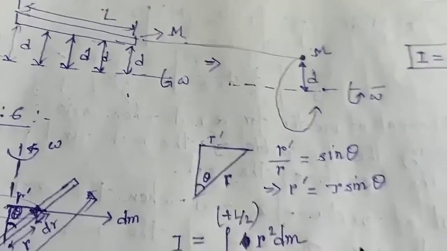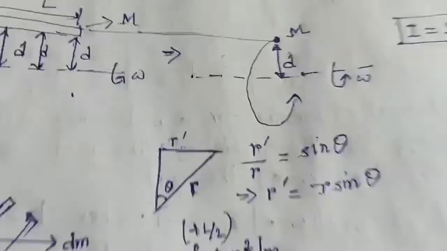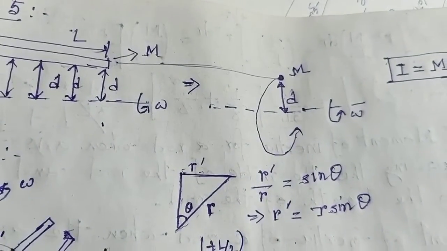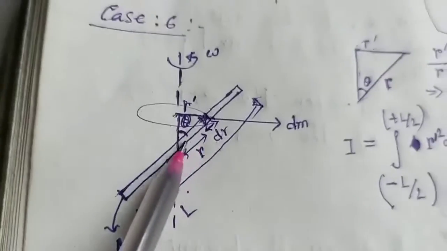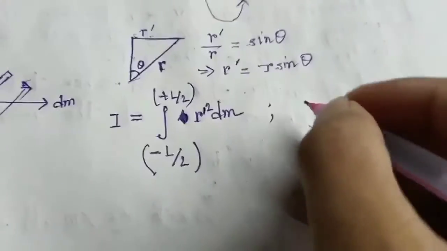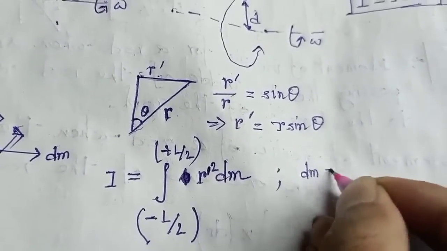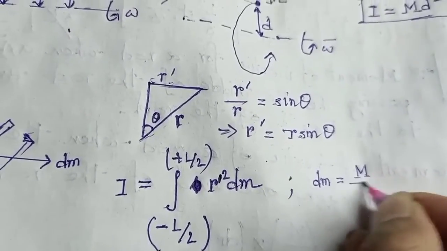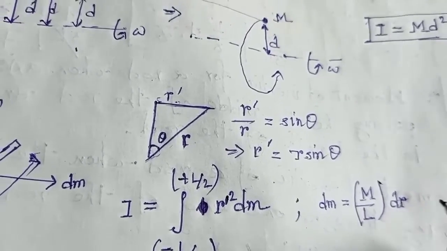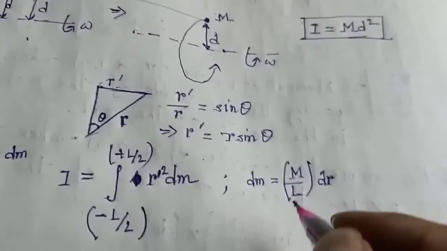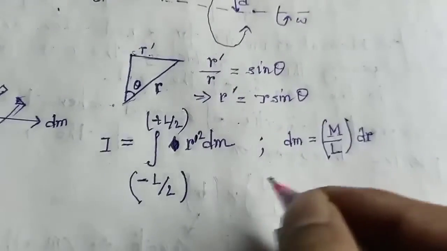But this is not r square, this is r dot square, because we're taking this r dot distance, not this r. And dm is nothing but mass per unit length, m divided by L, times the width of the small length. So dm equals m by L into dr.